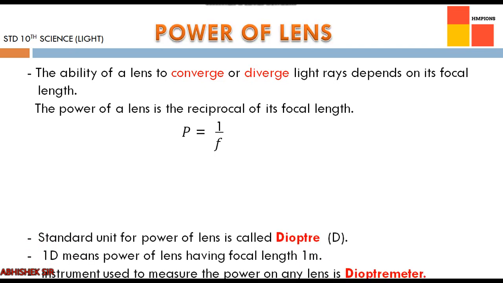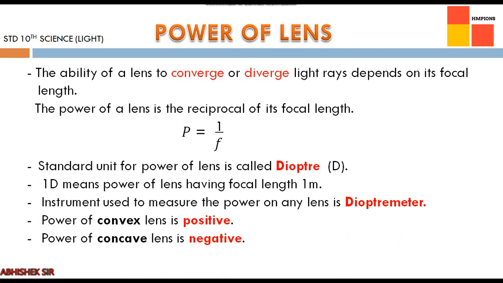We have to take care of some points, that is power of lens is measured by a special unit, that is diopter, and for finding power in diopter we have to take care that focal length must be in meters. So standard unit for power of lens is diopter.